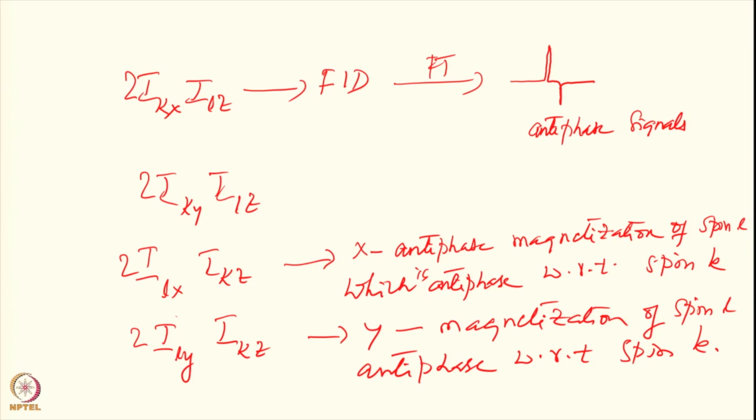There will be other kinds of terms too, and all of these are called single quantum transitions also. I will have to explain that in this context using an energy level diagram. Suppose I am taking a 2 spin system. Then I will have alpha alpha, alpha beta, beta alpha and beta beta for the 2 spin system.